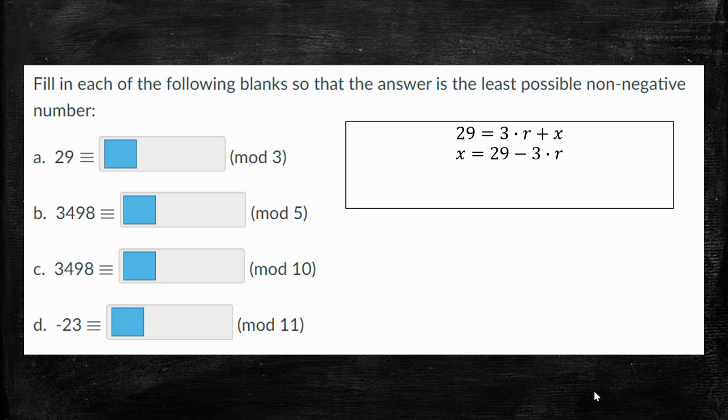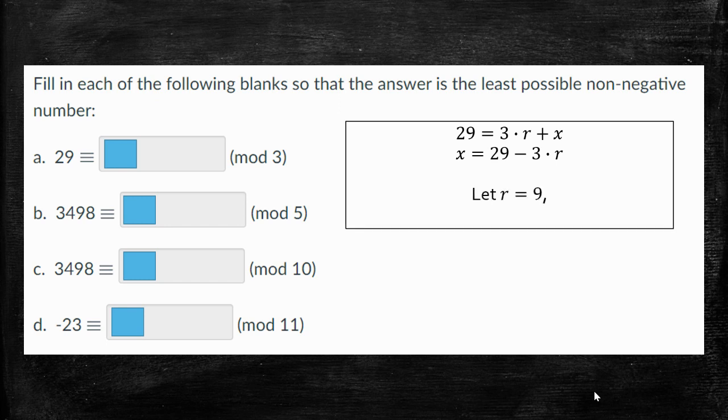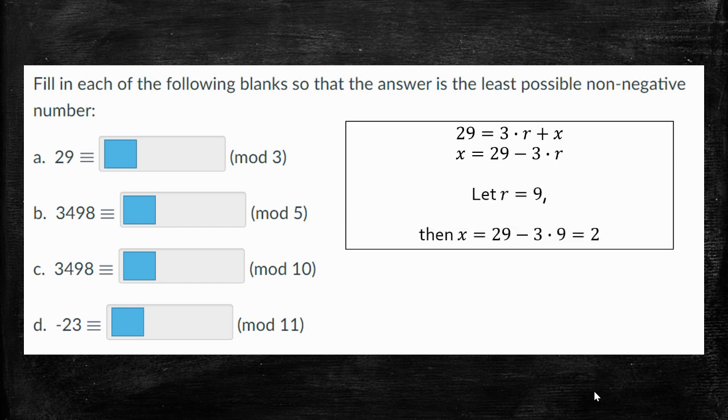Now, if I want x to be as small as possible, then I'm looking for some number that I can multiply by 3 that will be just less than 29, as close to 29 as possible without going over. And that number, of course, is going to be 9 because 3 times 9 is 27. And so if we let r be 9, then x is 29 minus 3 times 9, or 29 minus 27, which is 2. So the answer we're looking for is 2.